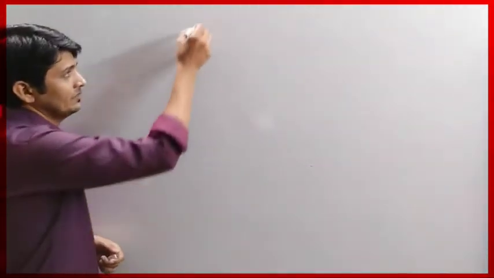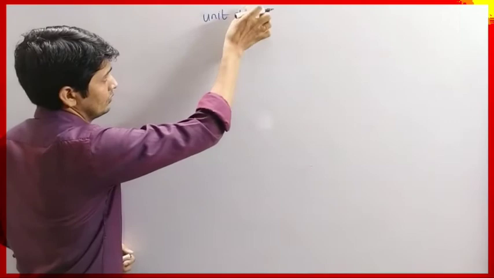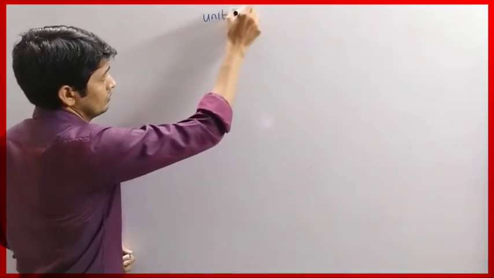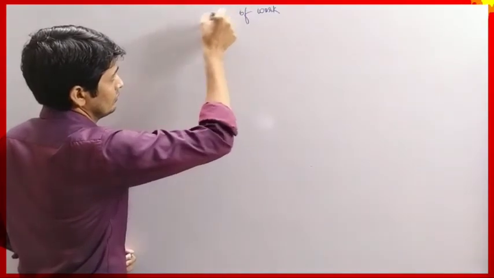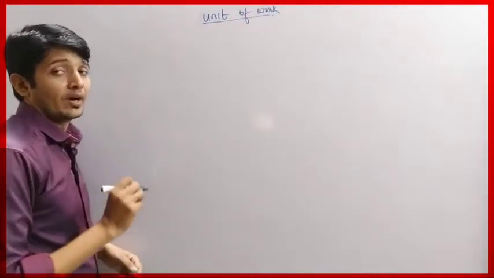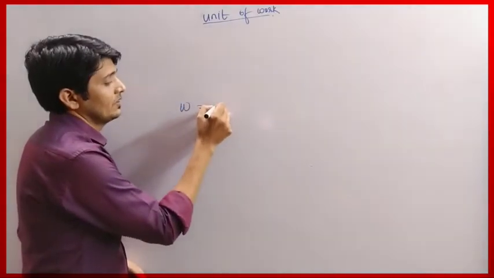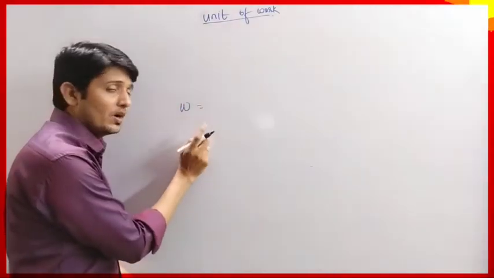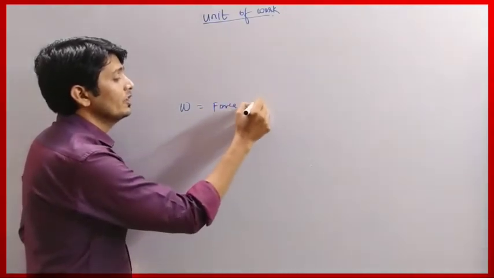So now we will understand the unit of work done. Okay, so the unit of work. We know W is nothing but work done. It is force into displacement.